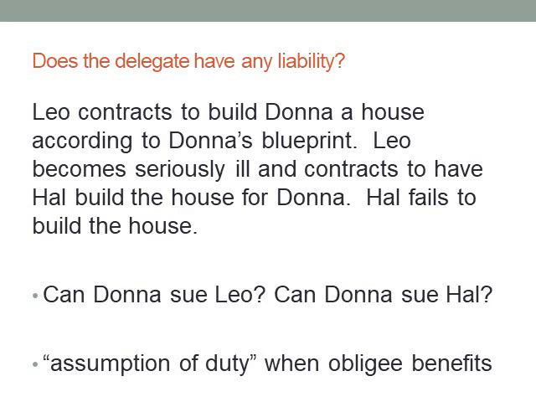In that instance, if Leo is a famous painter who paints murals and Hal is his student, that is going to be something that Donna can object to under one of the terms. But if it's of a non-personal nature and it's routine, then it's going to be a valid delegation, and the original obligee cannot refuse the delegation.